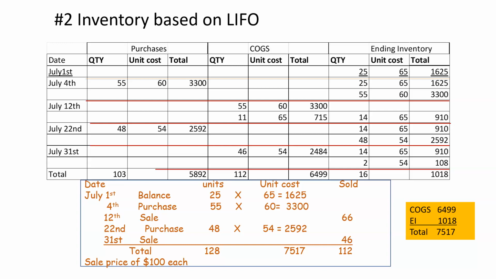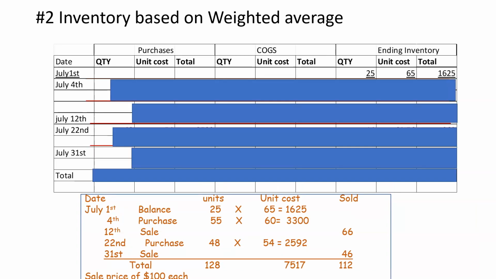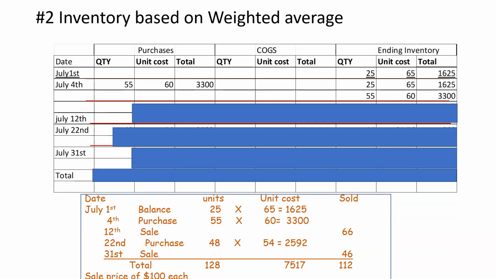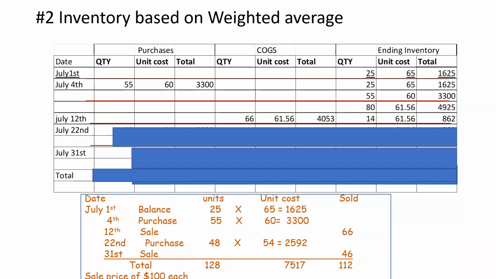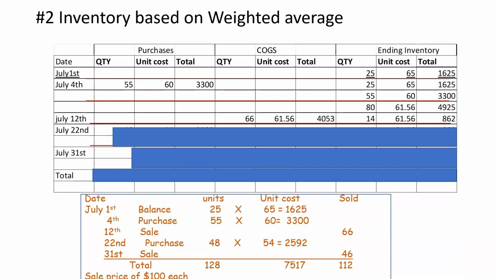Now let's do this one more time, doing weighted average. Again, what you're going to do at the point of sale, you're going to add up your total cost, add up your total units that you have at that point in time, divide the units into the cost to come up with an average price, and that's what you're going to use times the quantity sold.